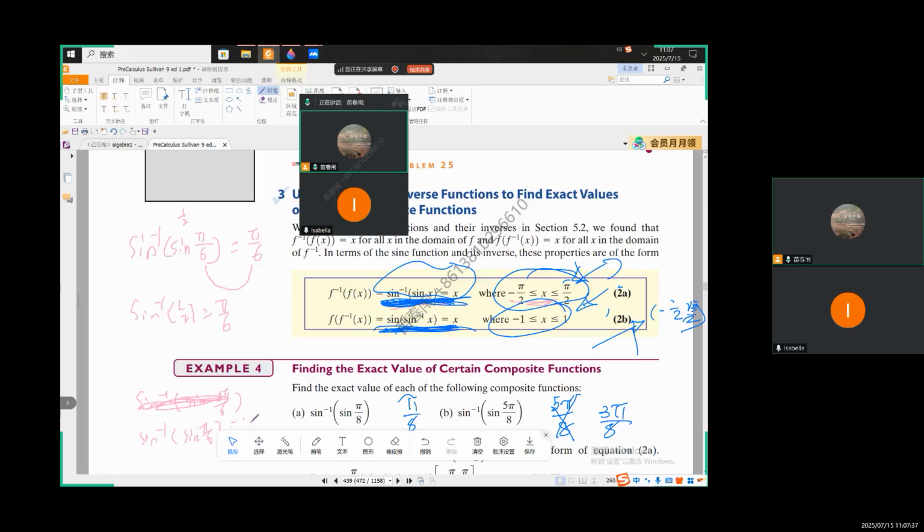He only wants you to remember pi over 6. Because they are equivalent, you don't have to put it in there. It repeats itself. So this one you have to, and this one is for simplifying. So that's why this is 3 pi over 8, right?